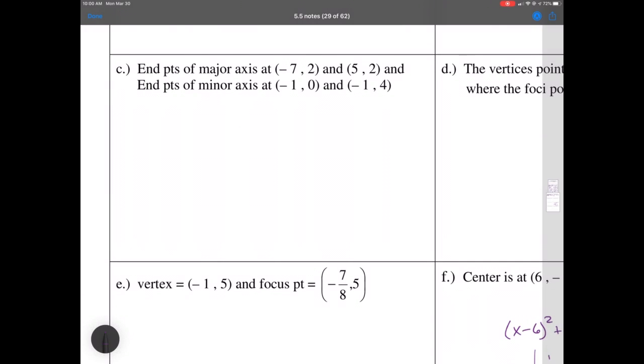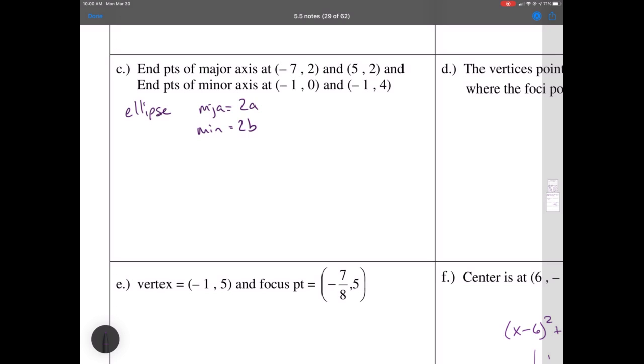Endpoints of the major axis and the minor axis. We know which one gives us a major axis and a minor axis. And we know that has to be an ellipse. Ellipse has a major axis and a minor axis. So if we do know that, we need the length because the major axis is 2A and the minor axis is 2B. So you can identify A and B from that given information.